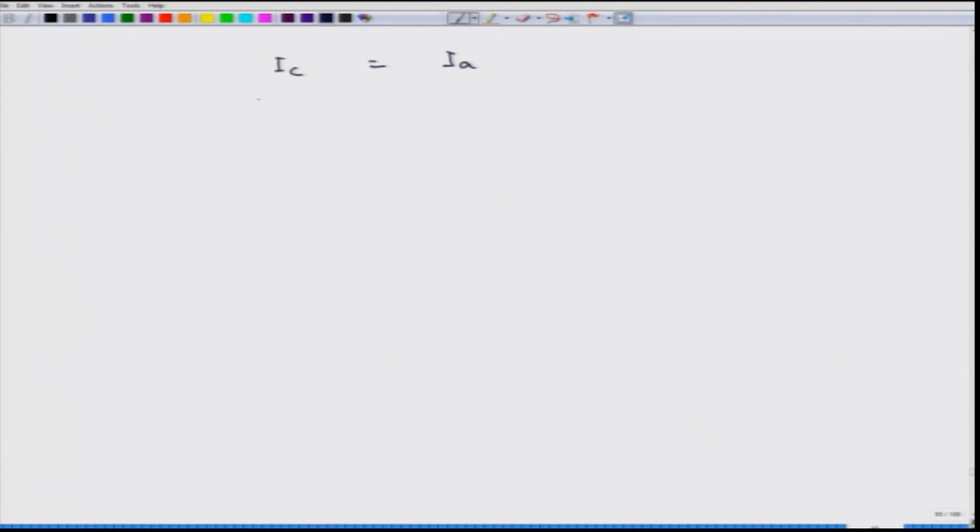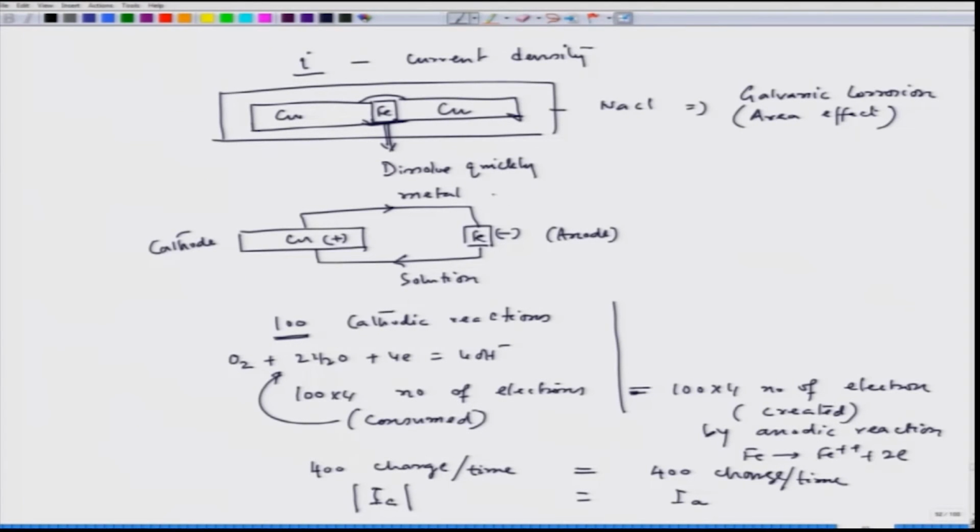We have to take care of the area factor. The area of cathode and the area of anode may differ greatly. If we see this circuit, the current is the same entering the metal or going out from the metal.